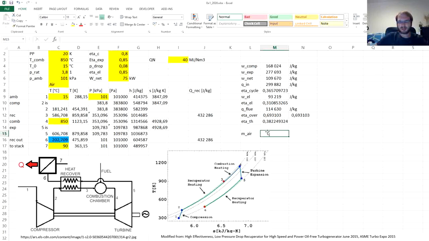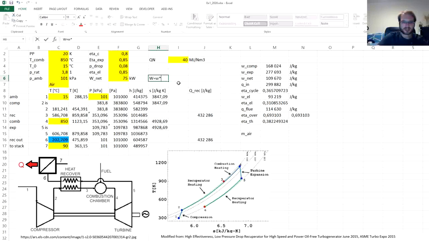And now the absolute work output. Absolute work output is unit work output in, for example, joules per kilogram, times the mass flow rate in kilograms per second.